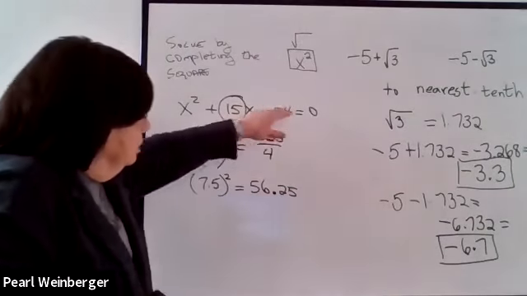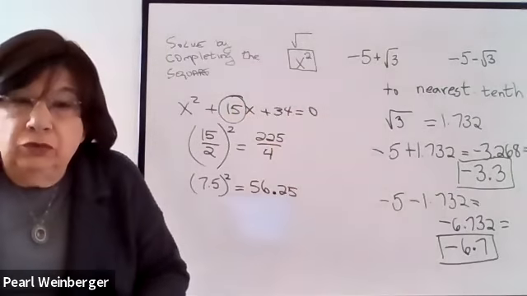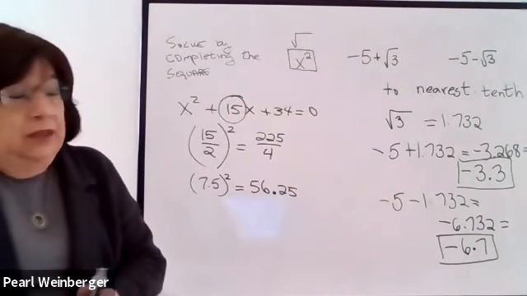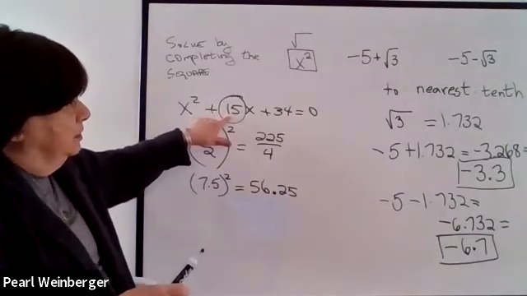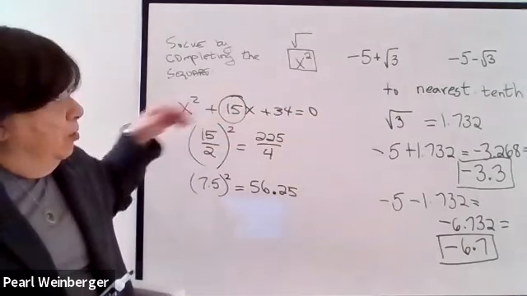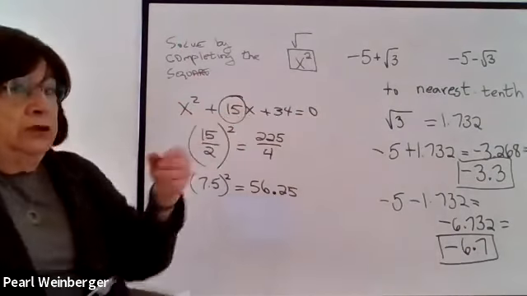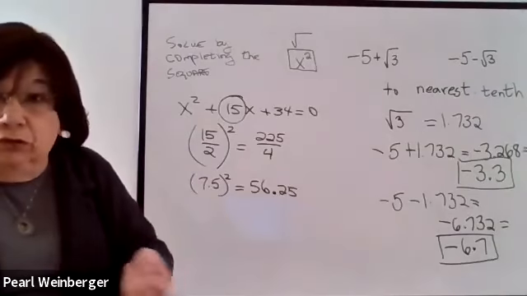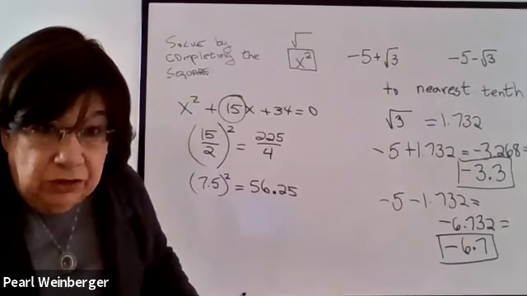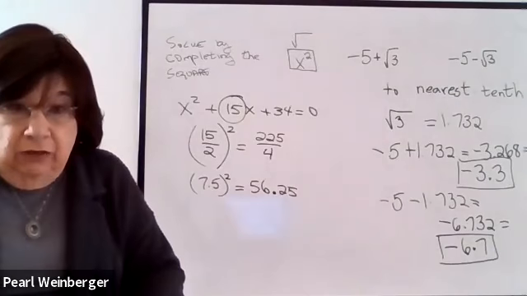And that's what you would have had to add. You would have brought this 34 over to the other side. What makes it so difficult is that the number in front of the x is not an even number. In all the examples that I did, the coefficient of the x was even. The first thing you have to do is divide it by 2, and if you have an even number, you just get a whole number and multiply it by itself.